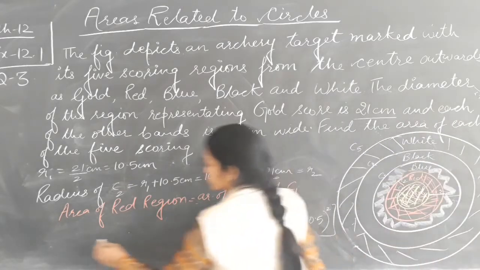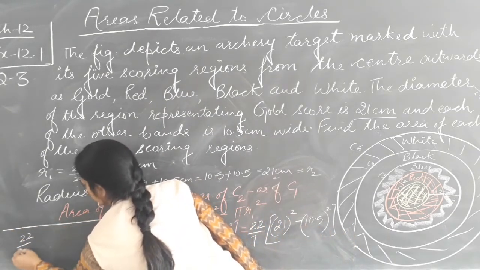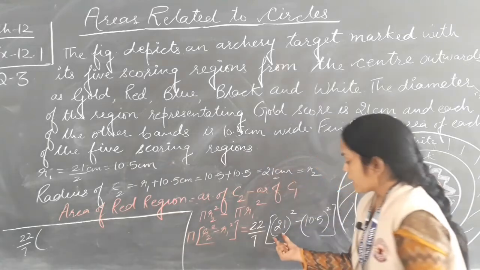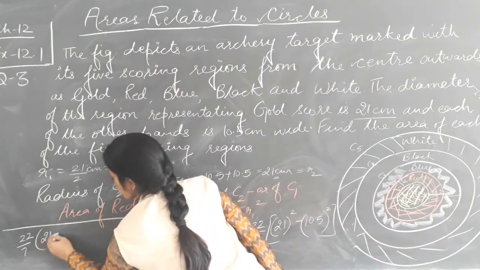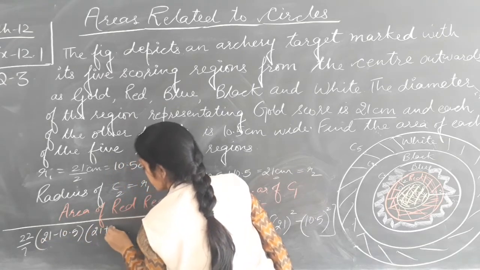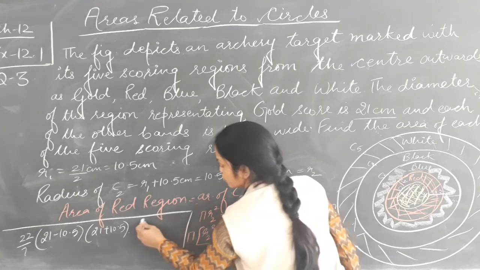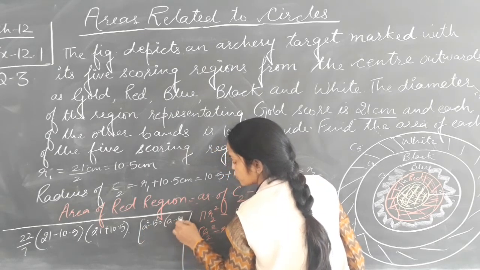Now see, here I am doing it. 22 upon 7 into a square minus b square, that is a minus b, 21 minus 10.5 multiplied by 21 plus 10.5, and in the bracket you will have to give the reason: a square minus b square is equal to a minus b into a plus b.